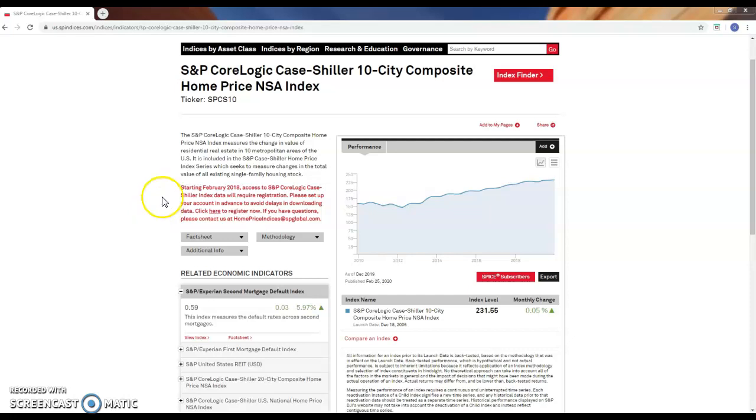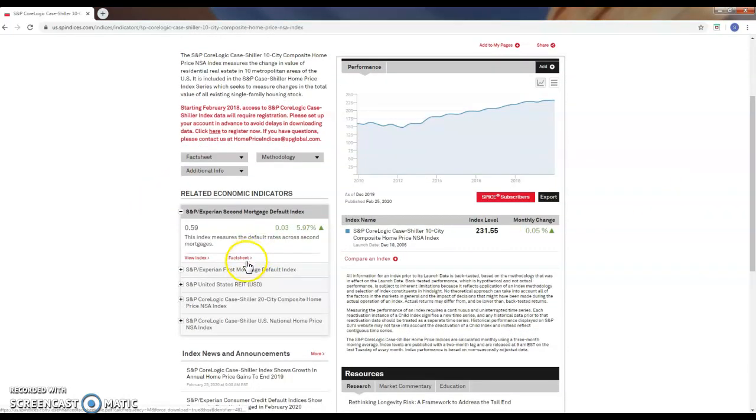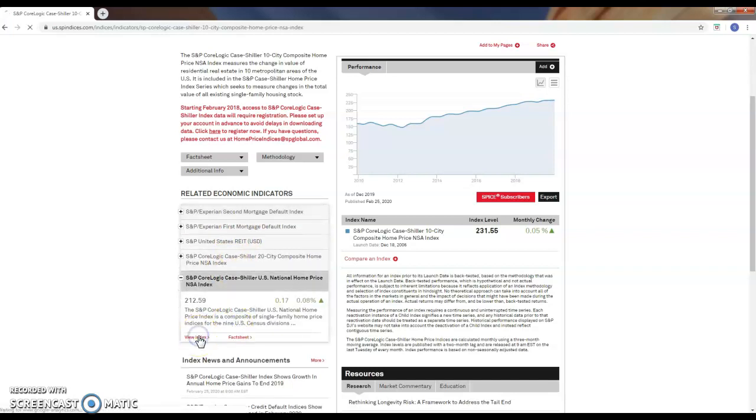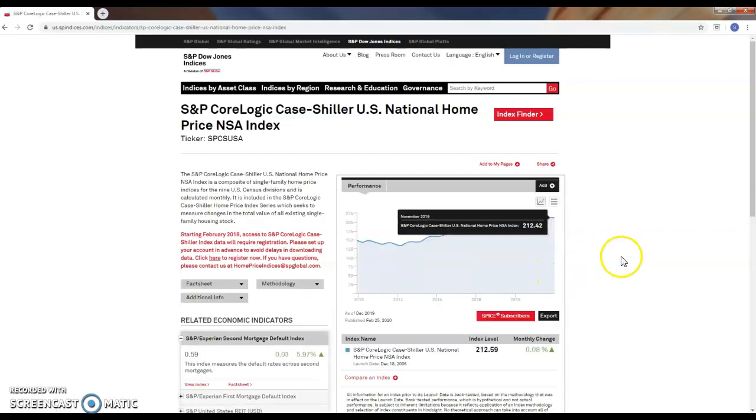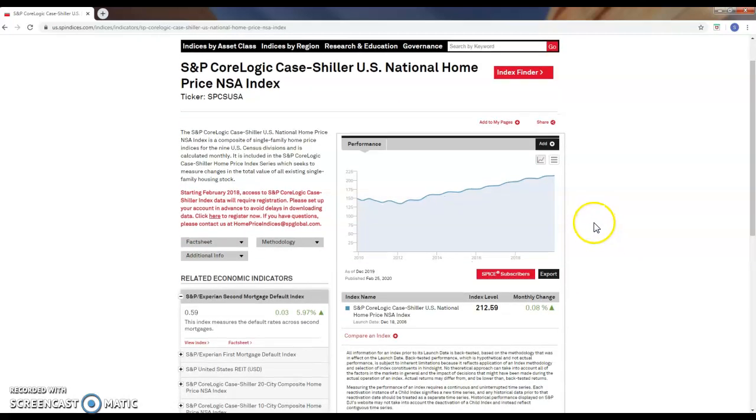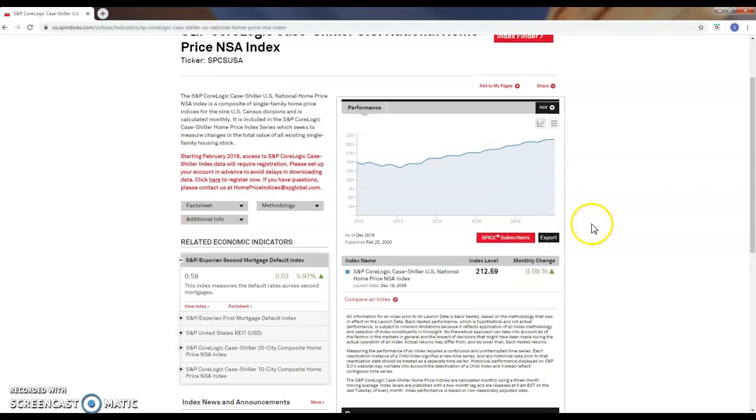Now, the other index that's available is going to be the national index. Let me see if I can find, here it is. And the national index doesn't use the metro areas, the 10 or 20 metro areas. Instead, it actually uses the census districts, and there's 9 of them.